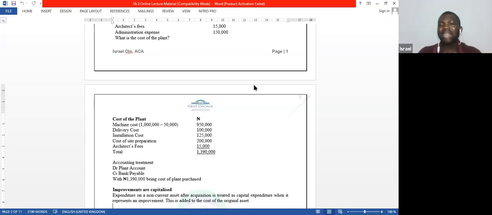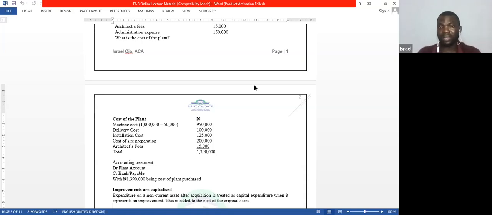Now, which account is credited? Is it the bank that is paying for the asset? If the bank is paying, it means the bank is giving. Bank is an example of a current asset, and it follows the same rule. It's reducing, and whenever it's reducing, you credit it.